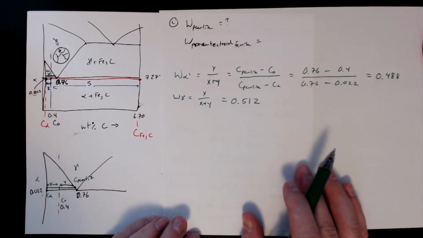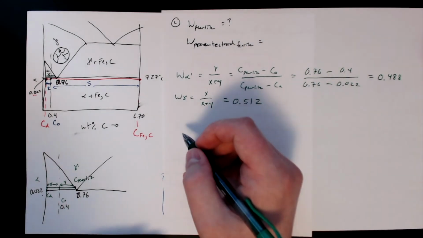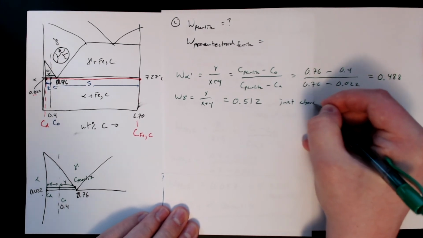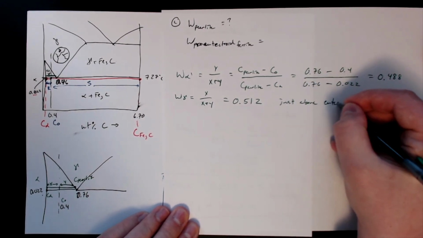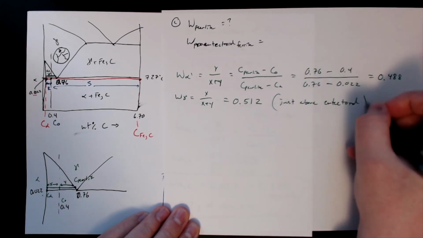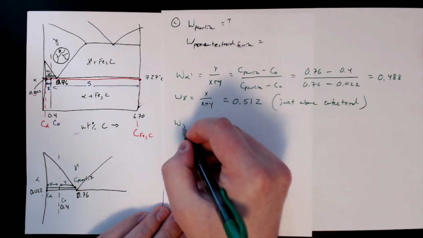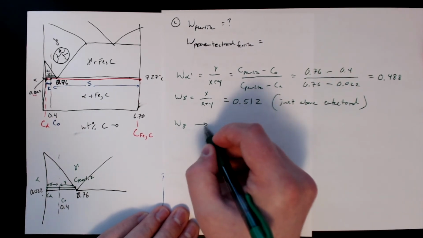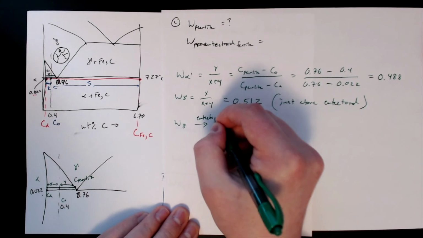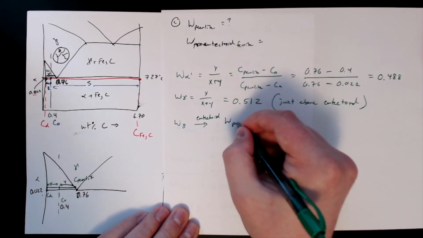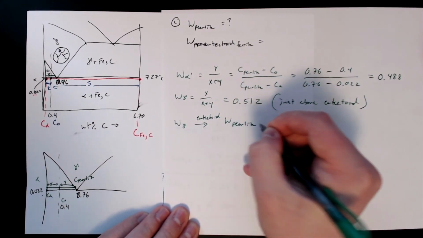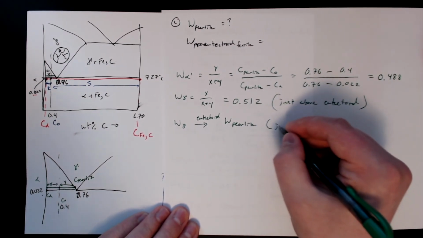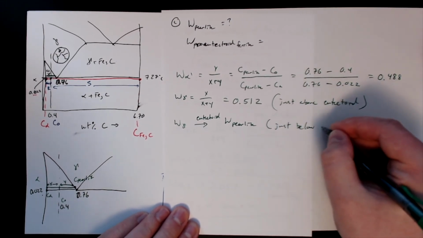So the reason this is all important is because we know that this is just above the eutectoid, and we know that this amount of gamma at the eutectoid goes to perlite, that eutectoid mixture, and so this is just below the eutectoid.